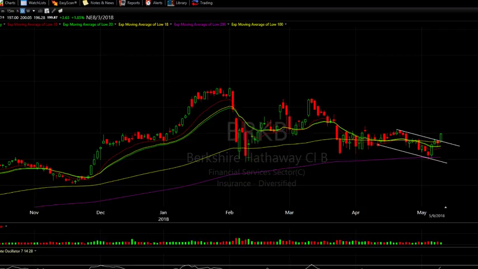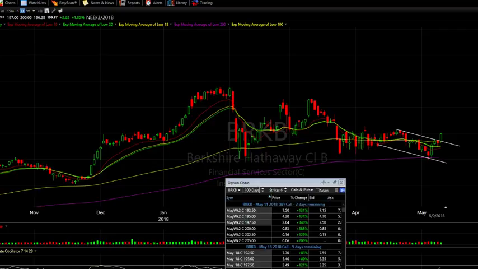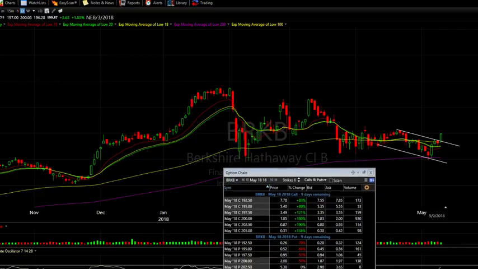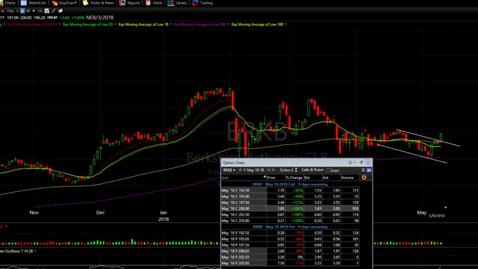you could trade these options. Let's see here. May 18. Let me put this up so everybody can see this. Yeah, so the May 18 200 calls are trading pretty good.